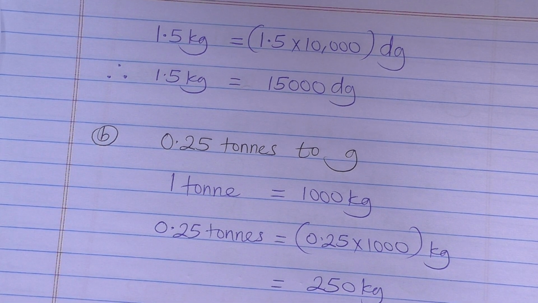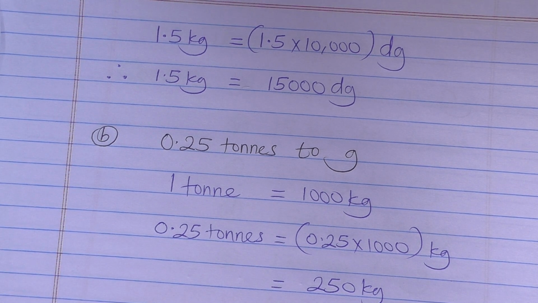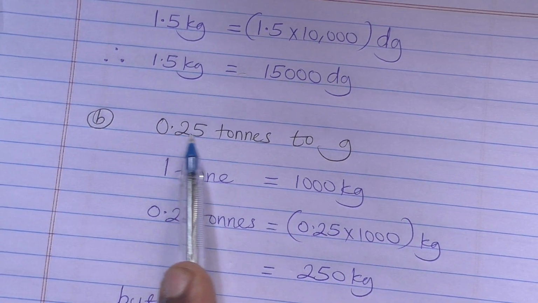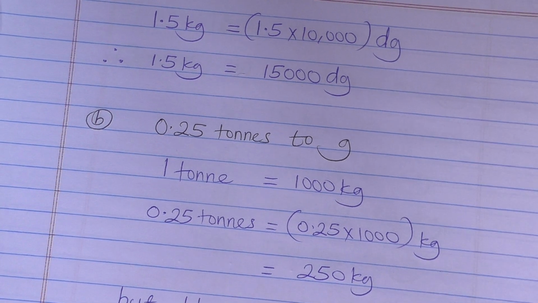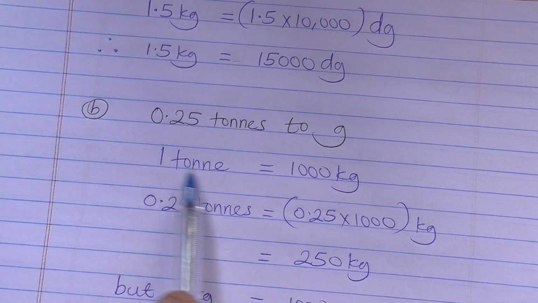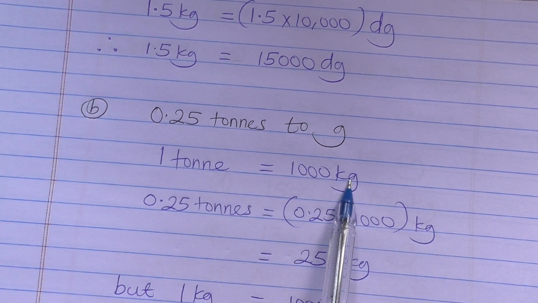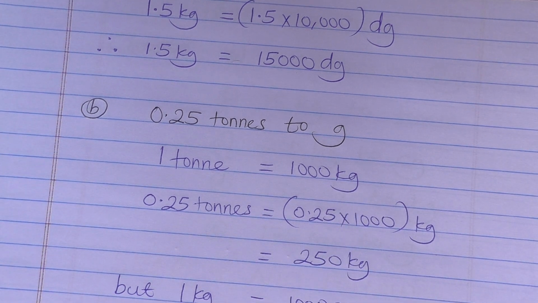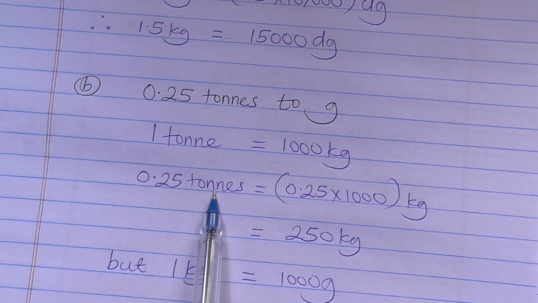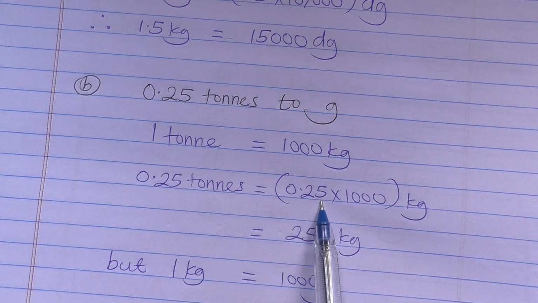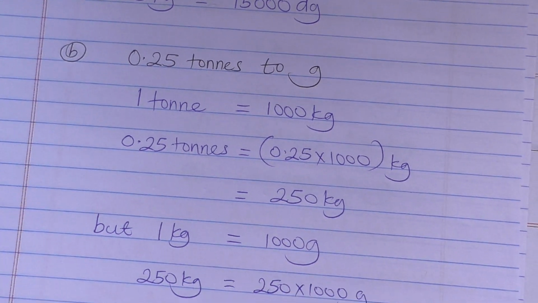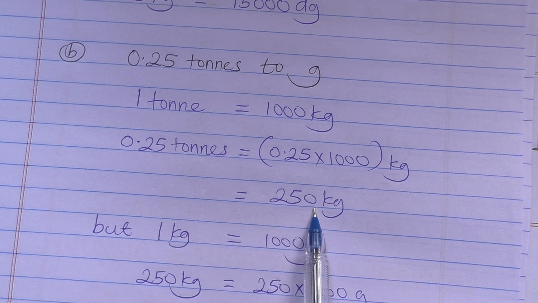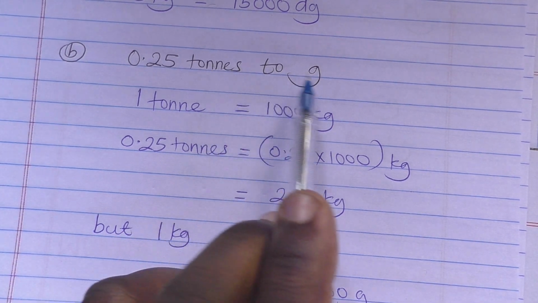Part B, we have 0.25 tons to grams. So we shall first convert the 0.25 tons to kilograms, then from kilograms to the grams. However, 1 ton is equivalent to 1,000 kilograms. Then that implies that 0.25 tons will be 0.25 times 1,000, which gives us 250 kilograms. But remember, they wanted us to convert from tons to grams.